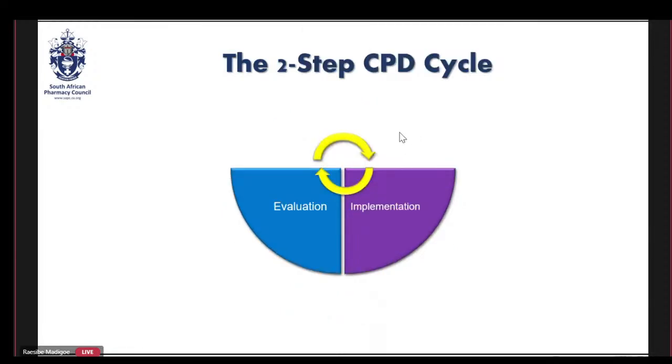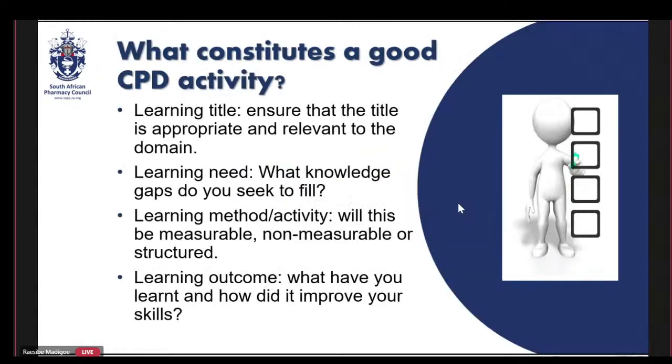And the 2-step one is only the evaluation and implementation steps. So I am going to log in on the system, and I would like us to submit one CPD together using the 4-step cycle.